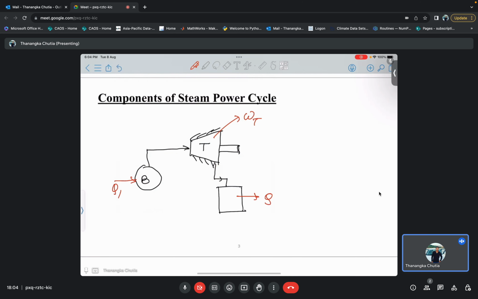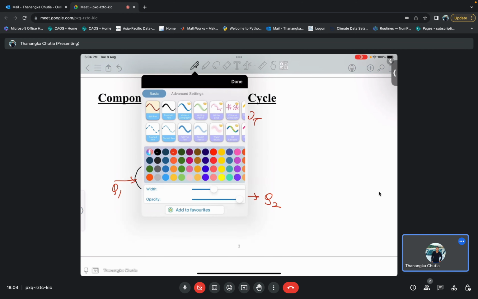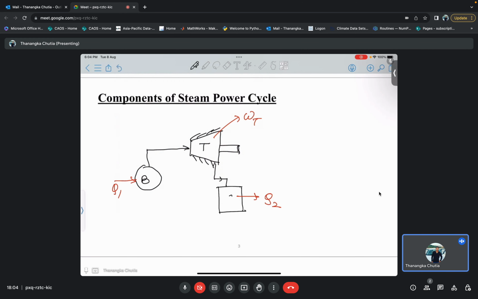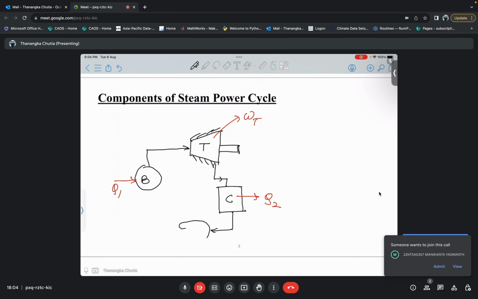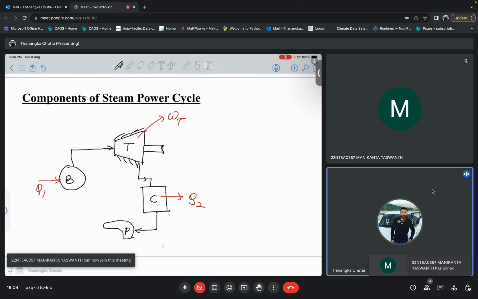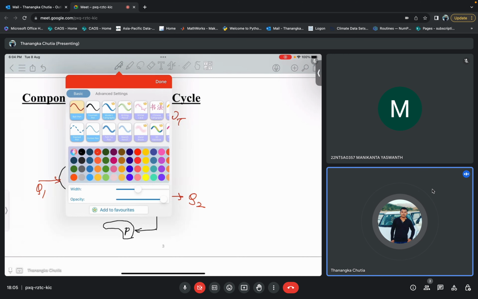Okay, some Q2 amount of heat gets rejected, and this is basically your condenser. And after this condenser, what happens, it enters a pump. Since this is a pump, it will basically be a work consuming device.